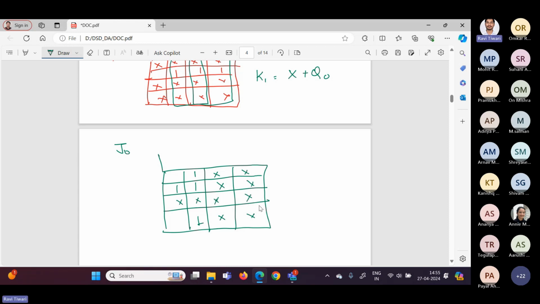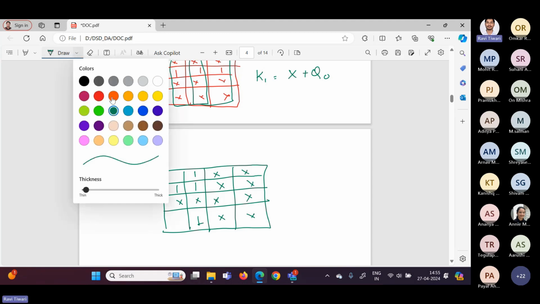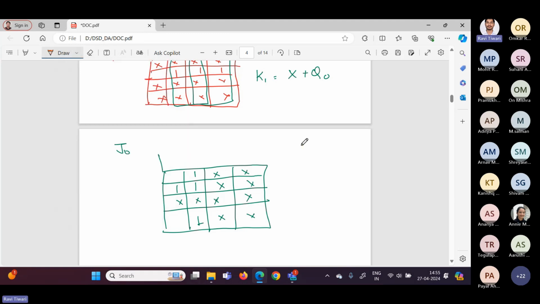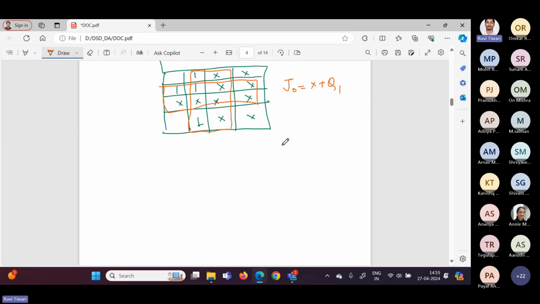So if this is the scenario, we can again make two octals here. One octal like this, another octal like this. And the expression that you will get will be J0 is equal to X plus Q1. Similarly, we will make for K naught. So this is the value of K naught here.